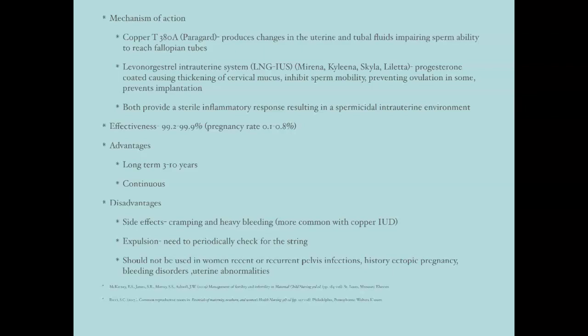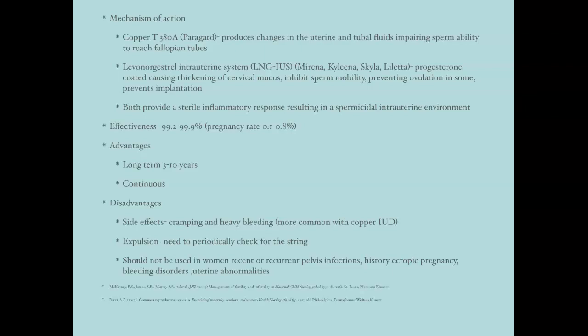They're getting just enough of the progesterone on that coating to not build up a good lining during their menstrual cycle. So they may have a very, very small amount of bleeding during their menstrual cycle, if any at all. But always remember, cramping and heavy bleeding, two of the main side effects.